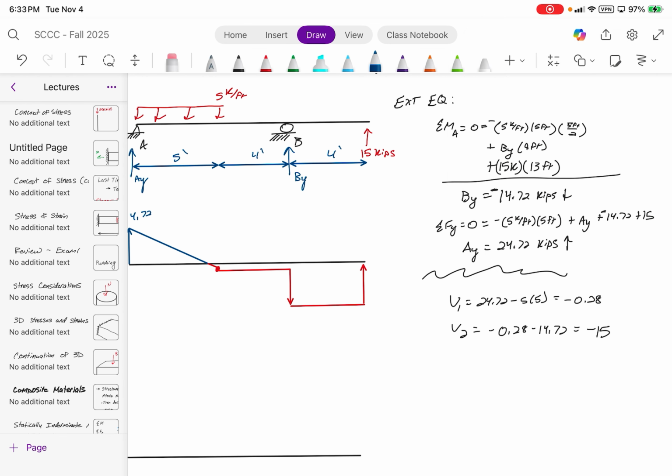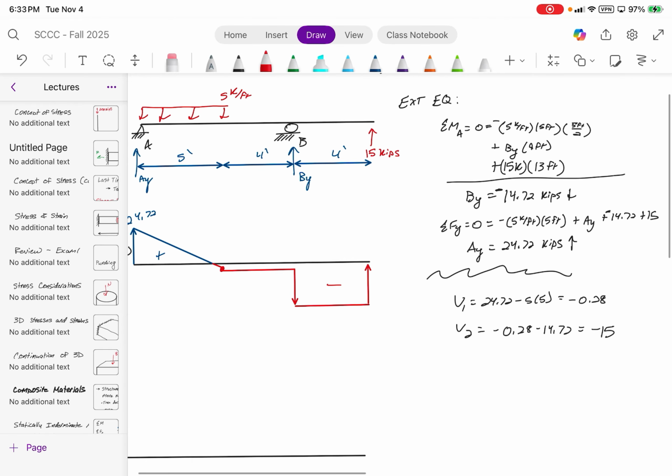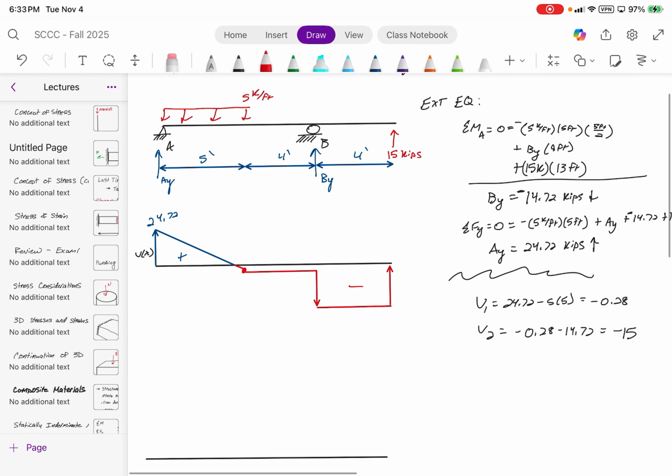All right, that makes much more sense to me. Just label your values, negative 0.28, and then negative 15, with this being a height of 14.72.